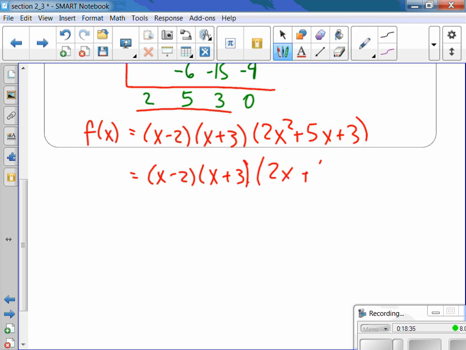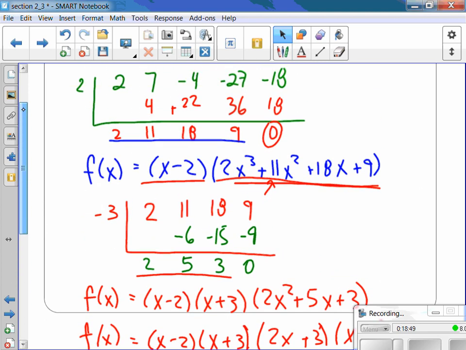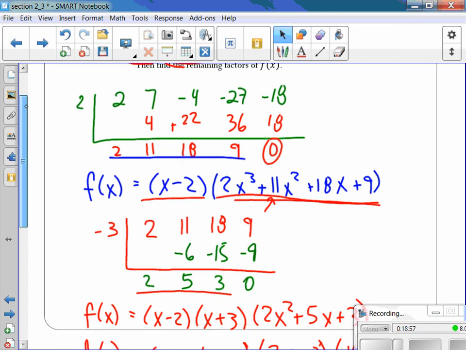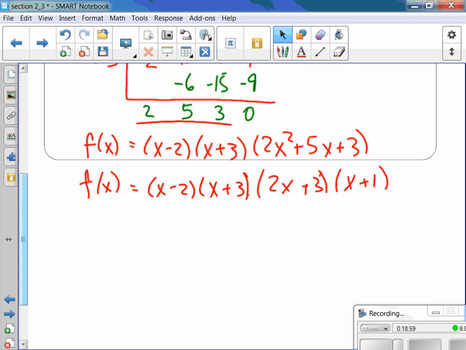So here we've taken the f of x and completely factored it by using our synthetic division, knowing the two zeros, or the two factors, x minus 2 and x plus 3. And just using synthetic division twice, we were able to find all the factors: x minus 2, x plus 3, times 2x plus 3 times x plus 1. So this is a very useful tool in coming up with our factors.